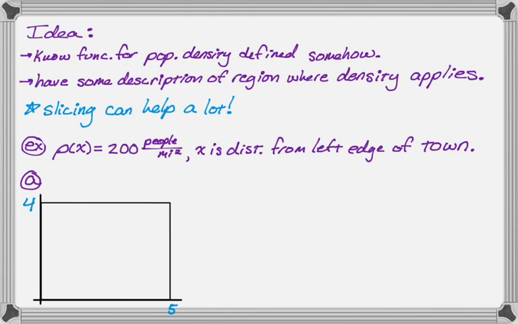It's a 5 by 4 rectangle, so 5 along the x-axis, 4 along the y-axis. You could actually just find the area of that. So the population is just 4 times 5 is 20 square miles times 200 people per square mile, gives us 4,000 people.